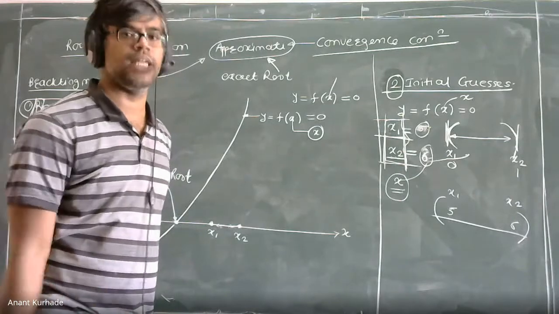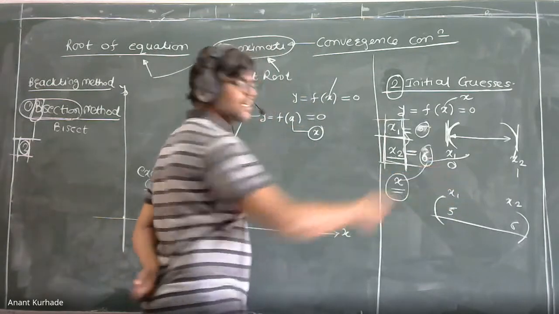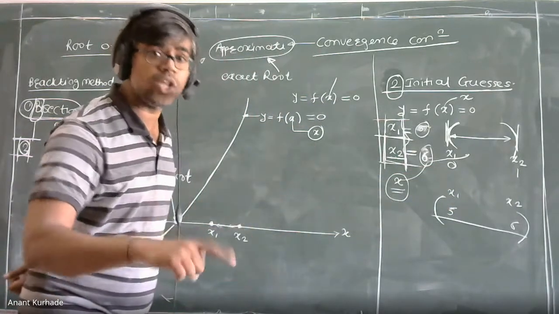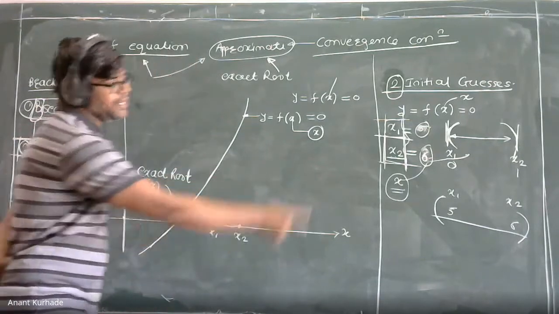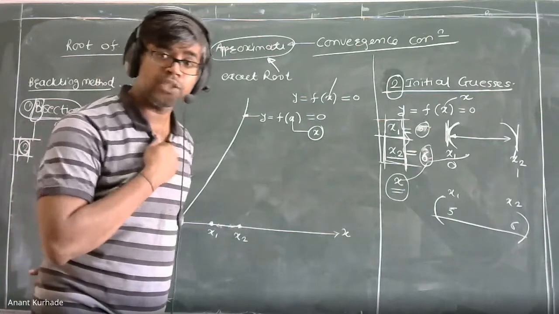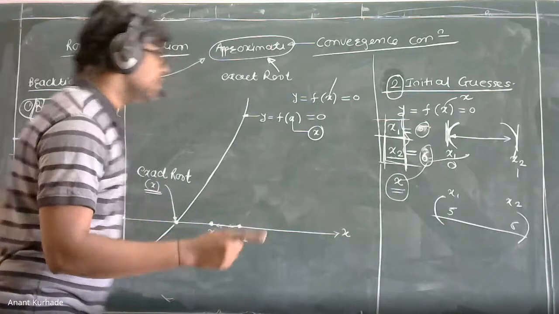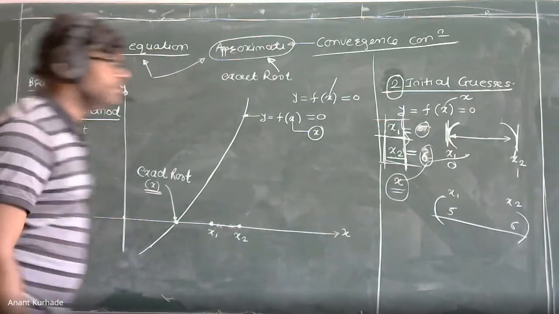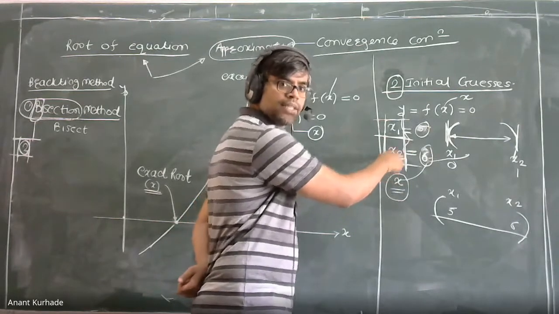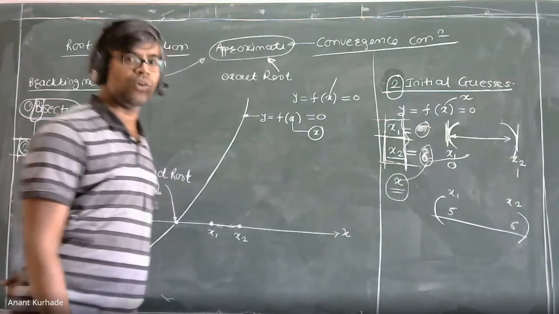Now, these two cases are possible: the root lies between these two values, or the root does not lie between these two values. So you have to identify whether the assumed guesses are correct or wrong. This is the first case under the bisection method: assume initial guesses and check whether they are correct or wrong.